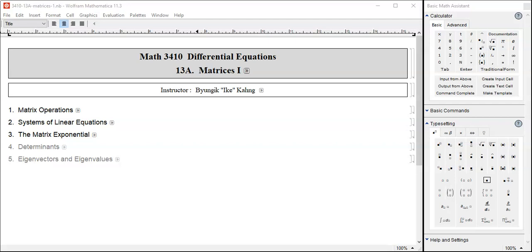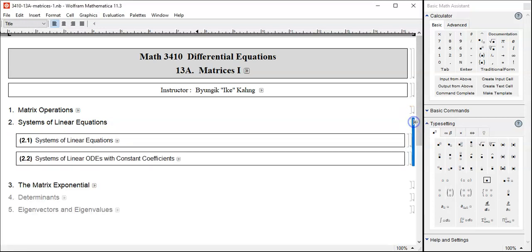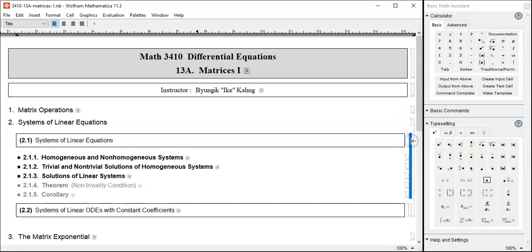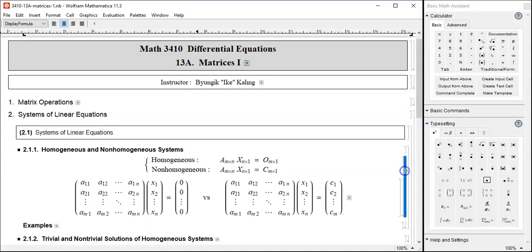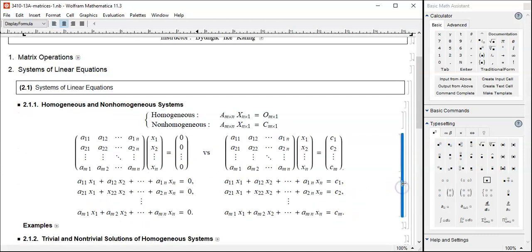Let's go to section 2, Systems of Linear Equations. Let's see how it is related to matrices. Here are some examples of systems of linear equations. Homogeneous versus non-homogeneous.